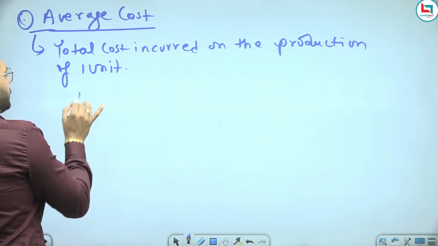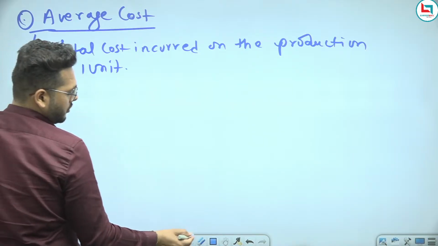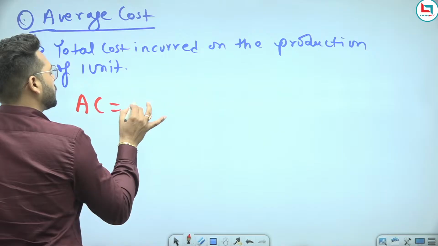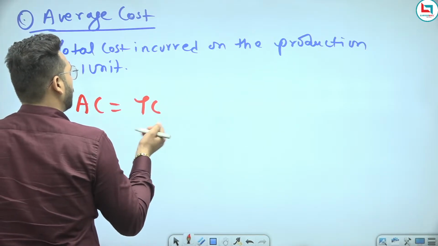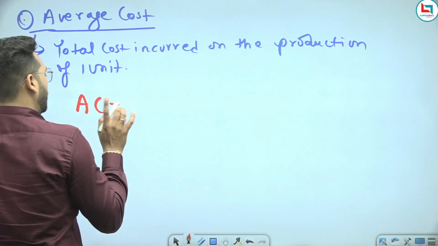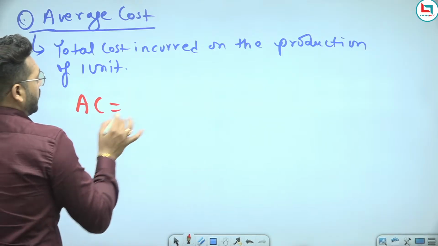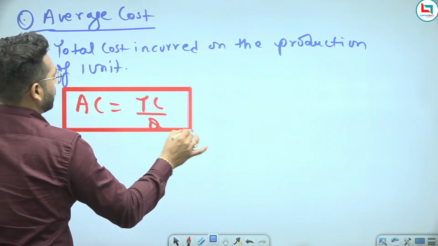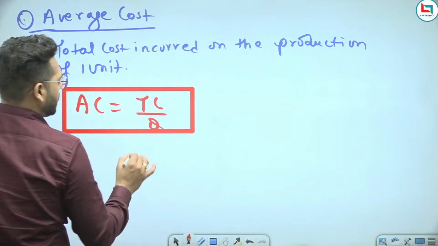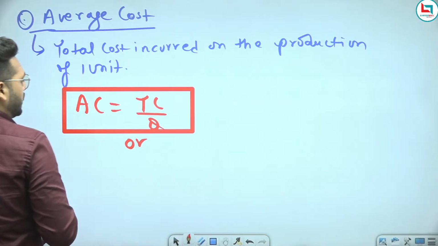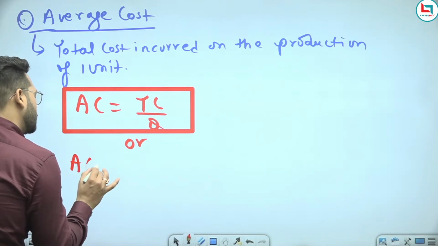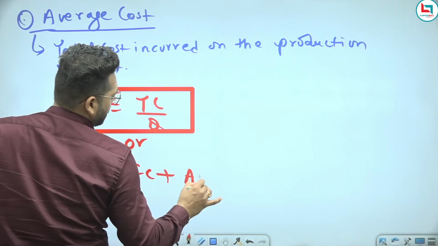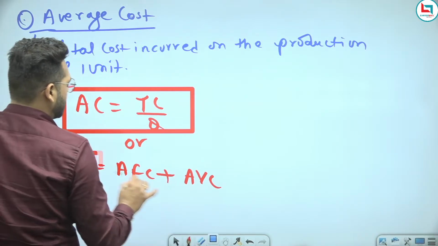So you can write the formula of this average cost. AC is equal to, you can write two formulas. First, TC upon Q. The first one is this one. The second formula: AC is equal to AFC plus AVC.